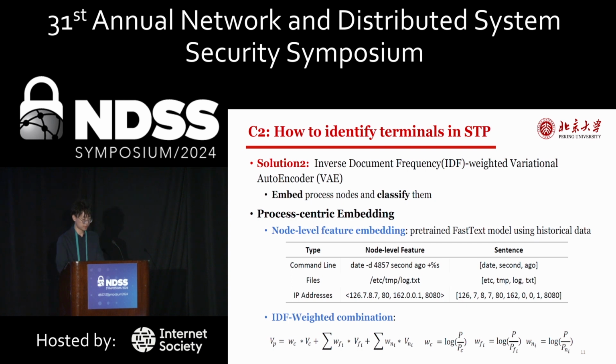We can convert these 3 node-level features to sentences in the way listed in the table. Then we calculate the process embedding with IDF weight to make the unusual features more outstanding. The IDF weight is the ratio of the total number of processes to the number of processes that are connected with the specific system entities.